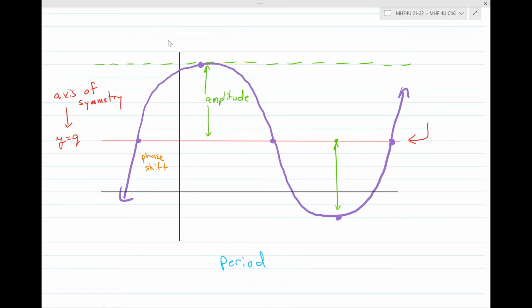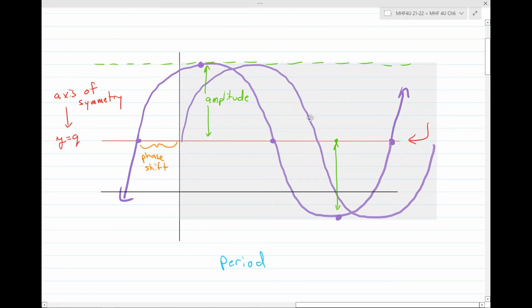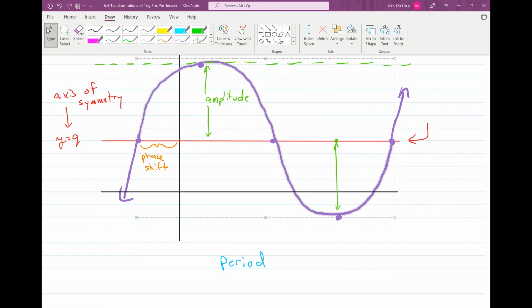Now, your phase shift, and that's your horizontal transformation, if we're assuming this was a sine function, would be right here. That is the amount that your function has been picked up and moved from its original position, the amount that it has been translated horizontally. And lastly, we have our period.